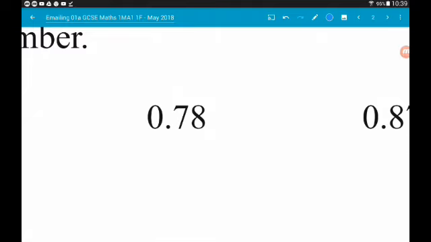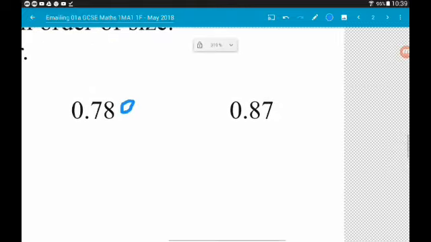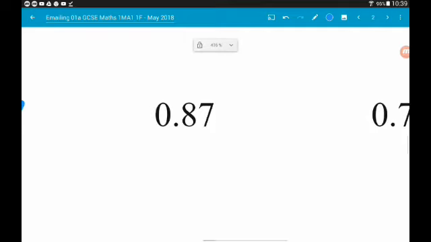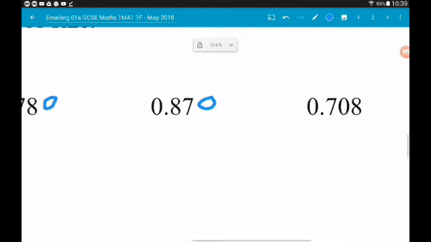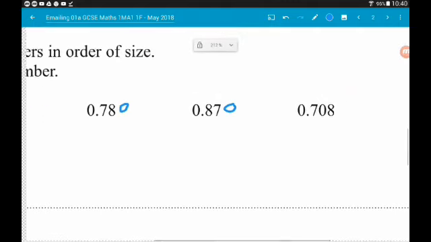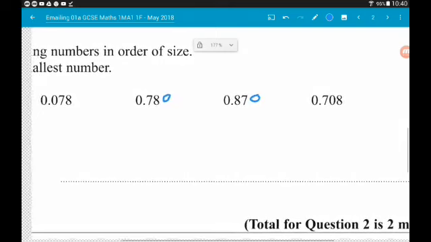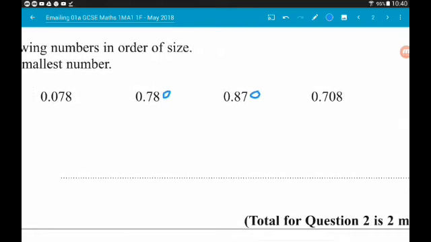We can make it 3 though by putting a 0 on the end like that. And then the same with 0.87, like that.